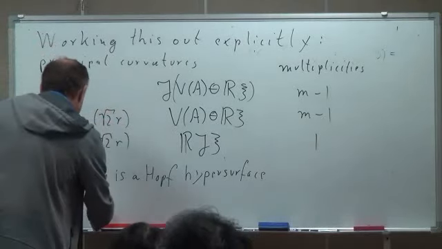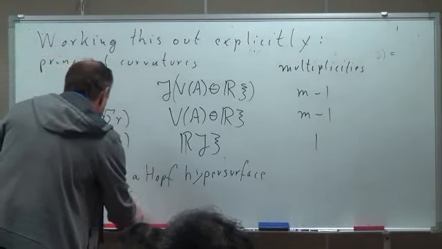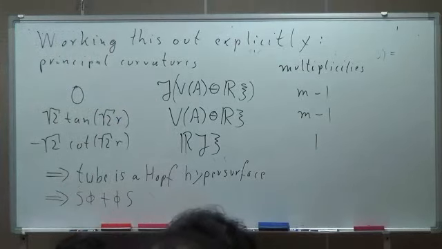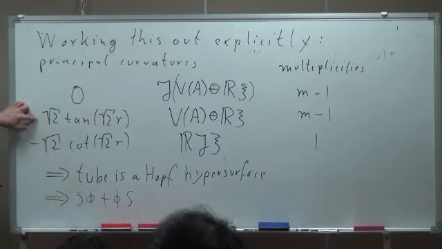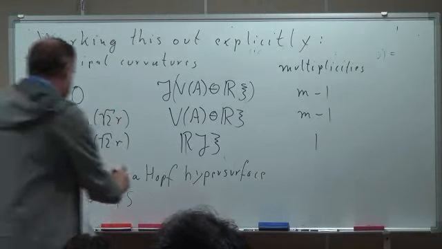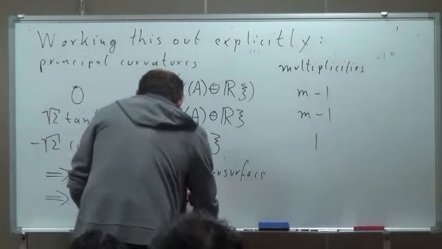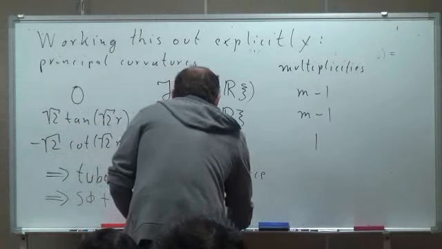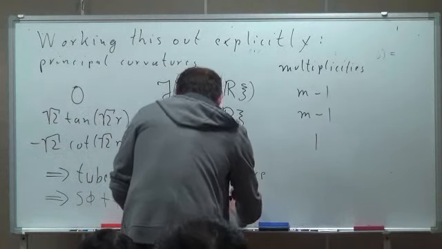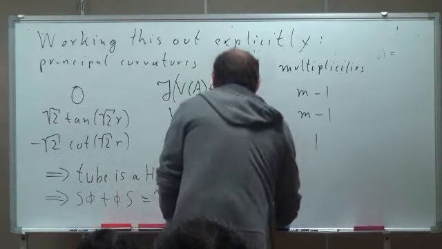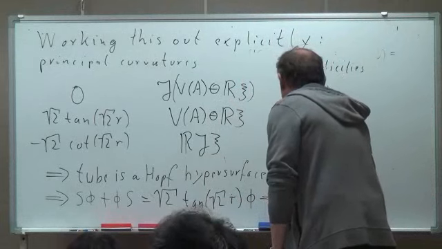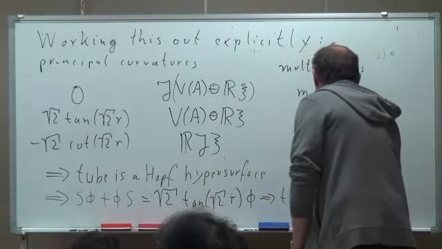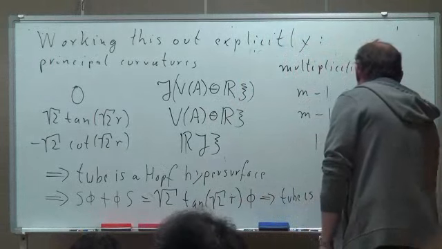So if we work out this tensor condition as phi plus phi s, because it commutes these two, what we are just left with is this phi leaves this 0, so we're just left with this eigenvalue, so that's square root of 2 tan of square root of 2 times r applied to phi. That's what is left. So this tells us also that the tube is a contact hypersurface.